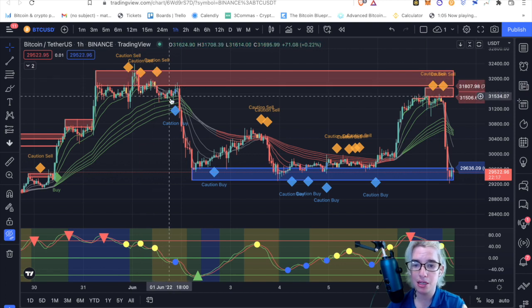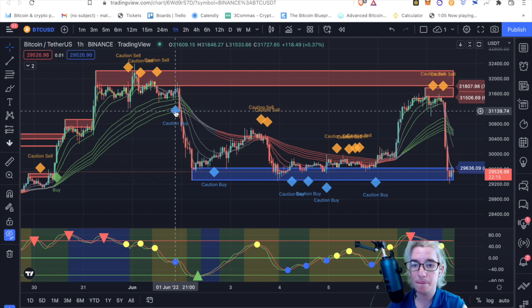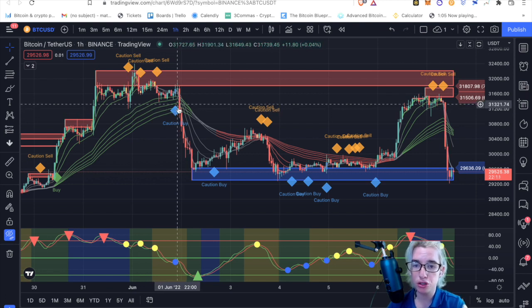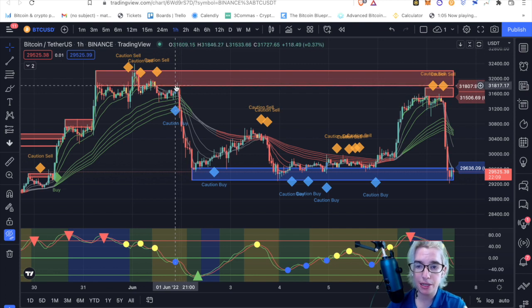But then we can see we get a caution buy on both V1 and V2. However, this caution buy is right here inside an area of resistance. So I would ignore that signal because I want to enter buys close to areas of support and sells close to areas of resistance.